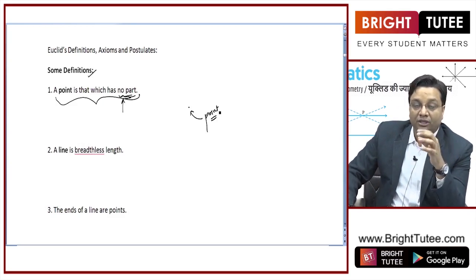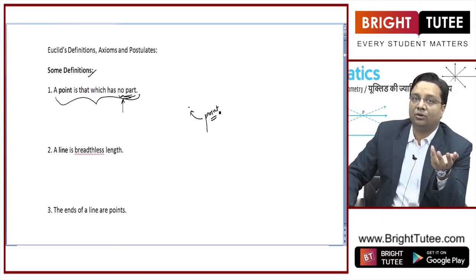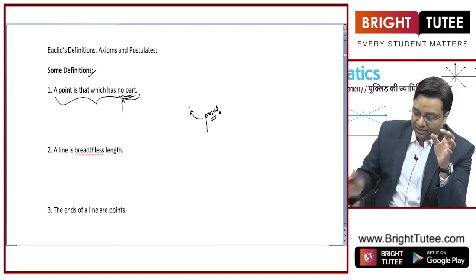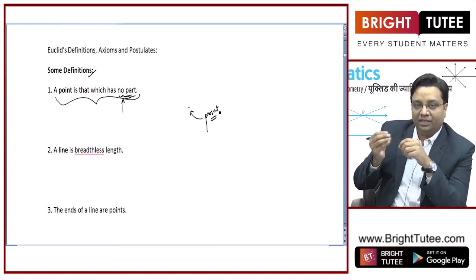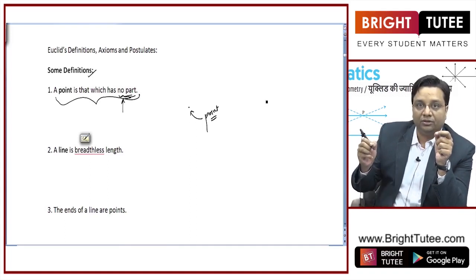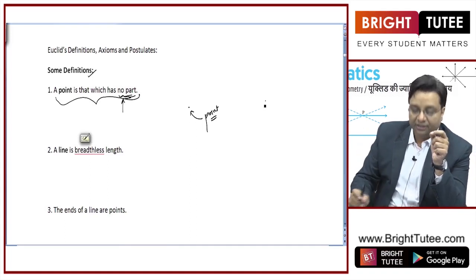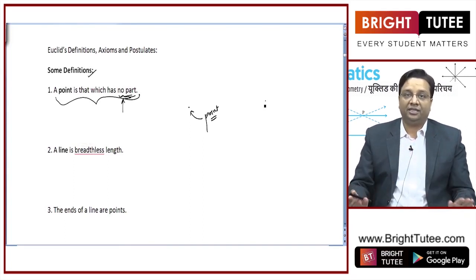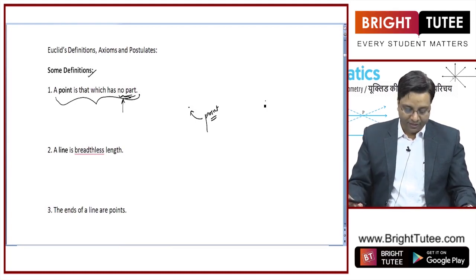So it is not practically possible to draw these figures, but to understand it, it is enough that you make a dot with a sharp tip, and this is known as a point. Now a point is dimensionless. It hasn't got a length, a breadth, or a height.